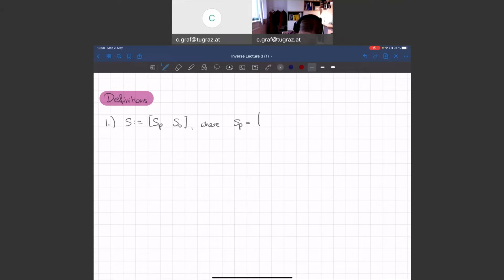And SP contains the P eigenvectors associated with the non-zero eigenvalues, and S0 is everything else. Number 2, we do the same thing with R. And remember, R was the matrix containing the eigenvectors corresponding to the matrix A transposed.